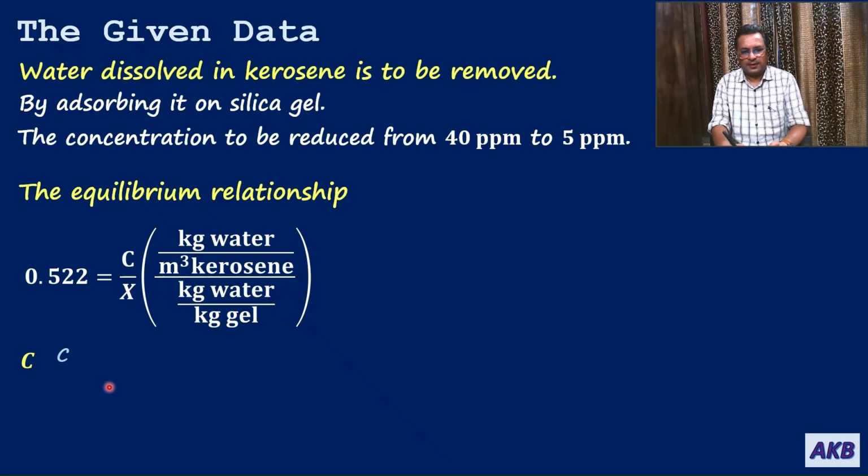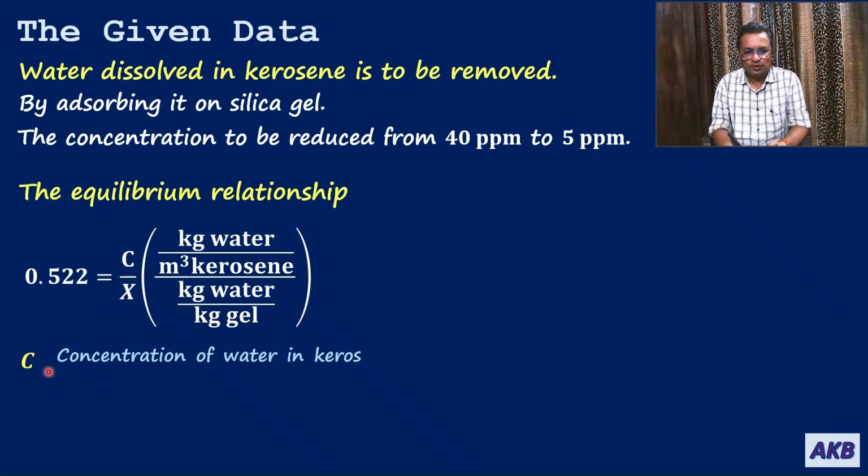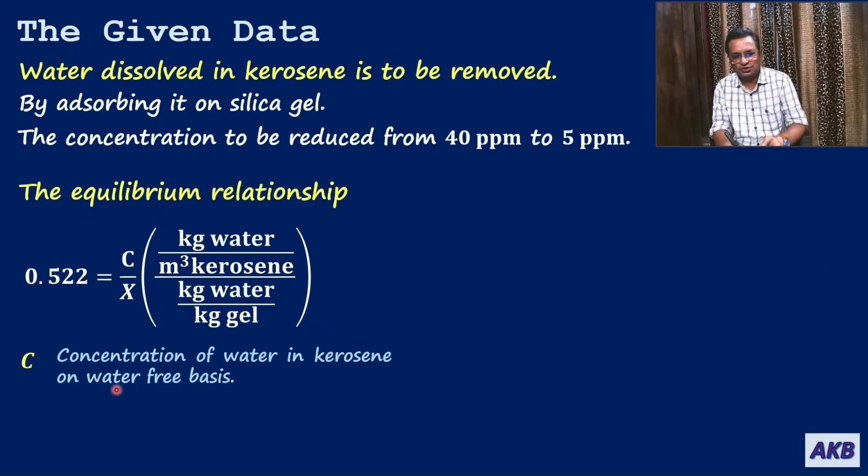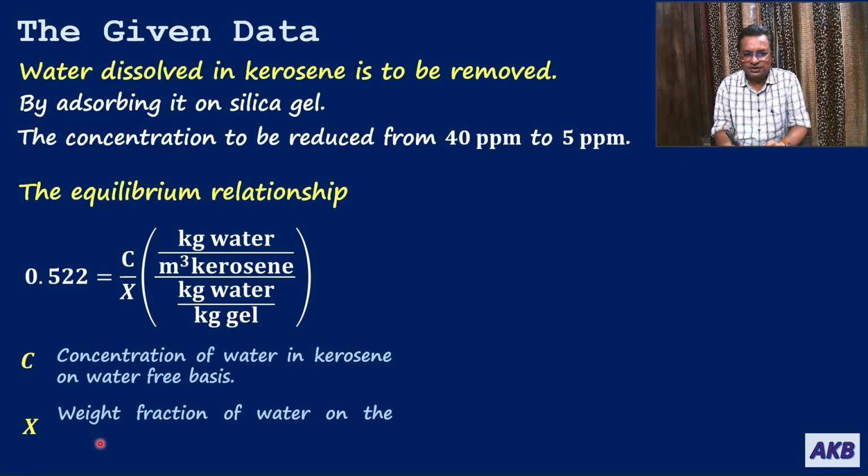Then in this equation, C is the concentration of water in kerosene on a water-free basis. You can easily understand. So this is kg of water per meter cube of kerosene. So by describing this concentration, water is not considered in the denominator. That's why capital C is the concentration of water in kerosene on a water-free basis. Then you have capital X, which is the weight fraction of water on the surface of the gel on a water-free basis.